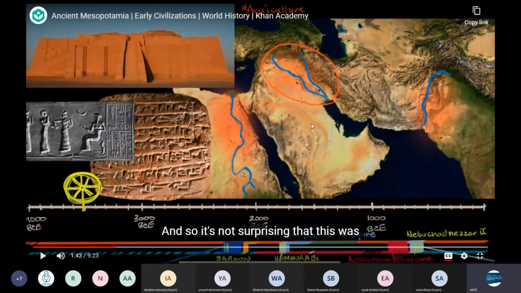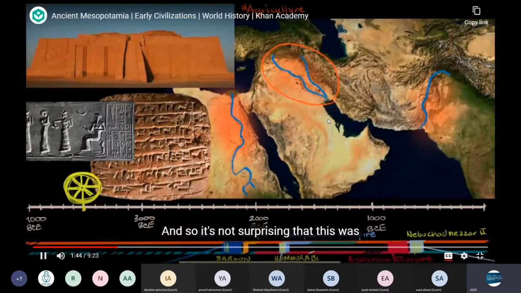Because they were in the middle of the world at a crossroads, and also one of the first lands that had agriculture, and people started to move from the Paleolithic period into the Neolithic one, we call it the Cradle of Civilization.